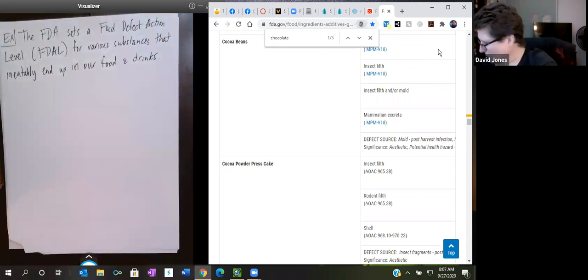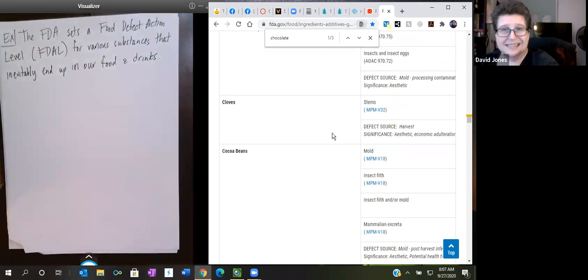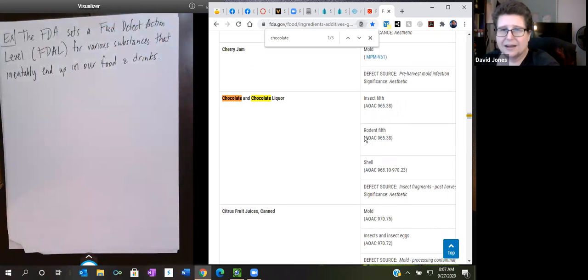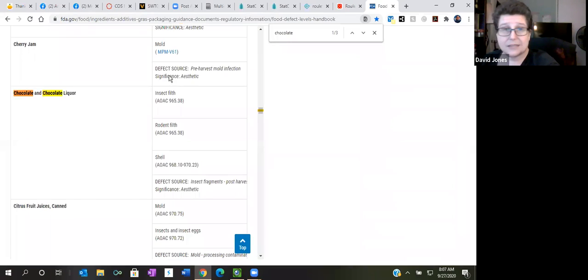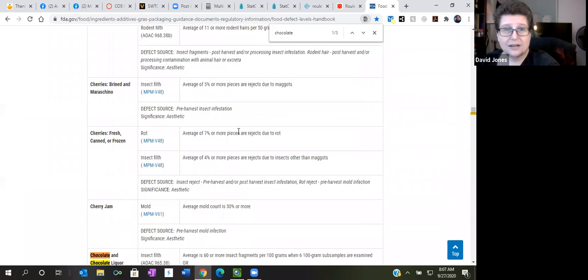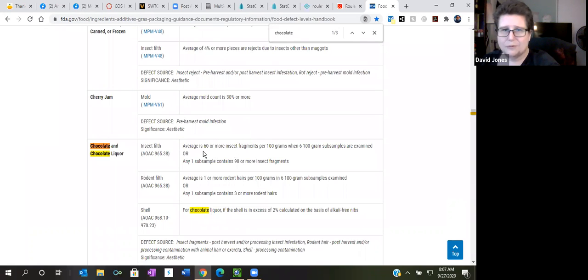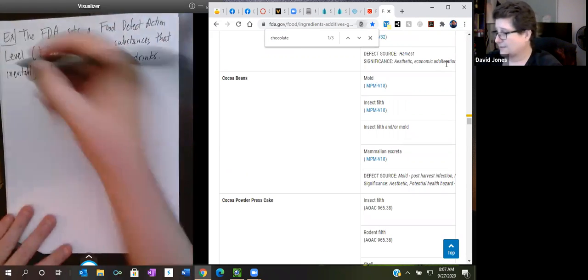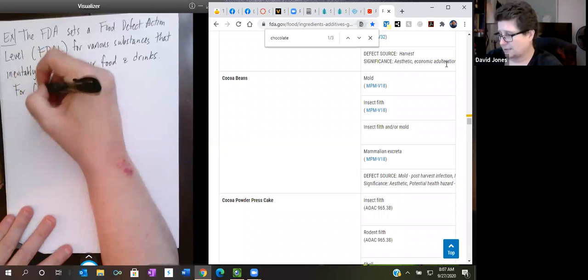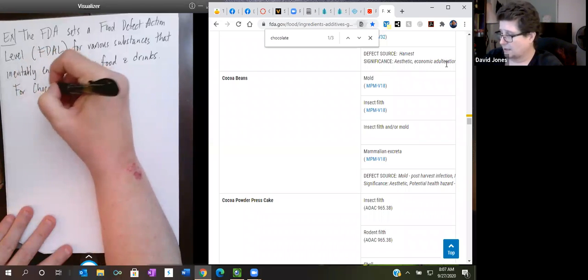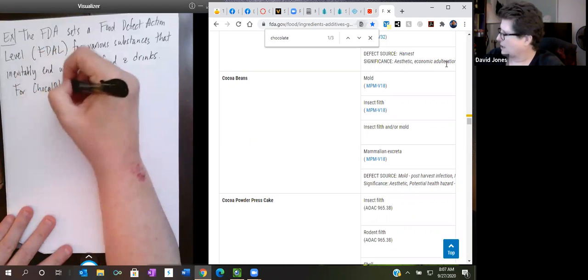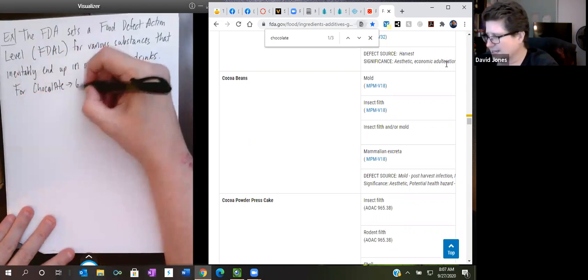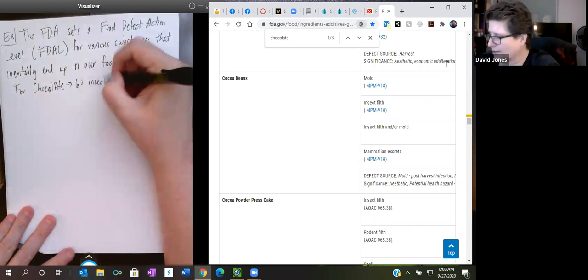Now, the chocolate one, where was it? Chocolate was 60 per 100 grams. This is 60 insect fragments per 100 grams.